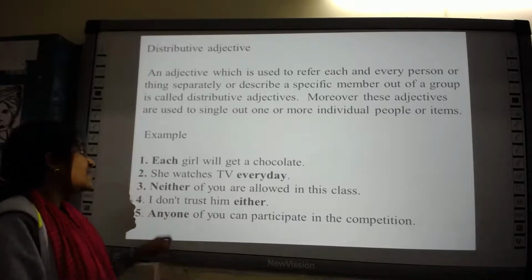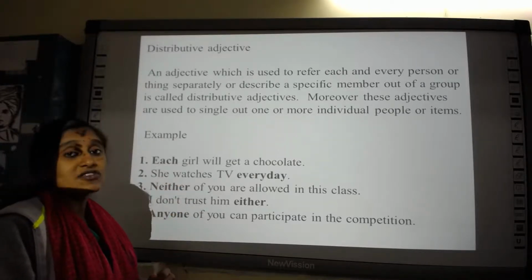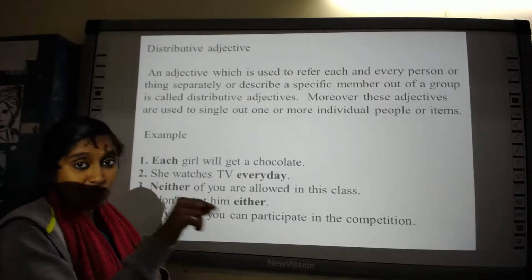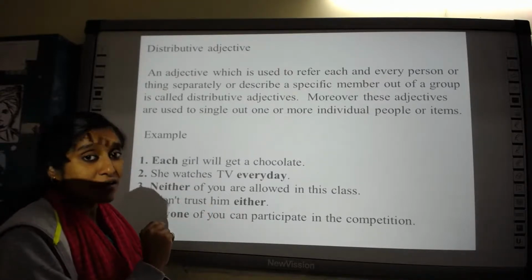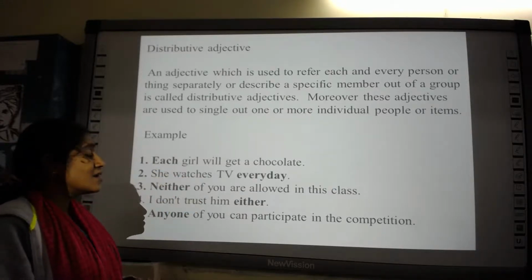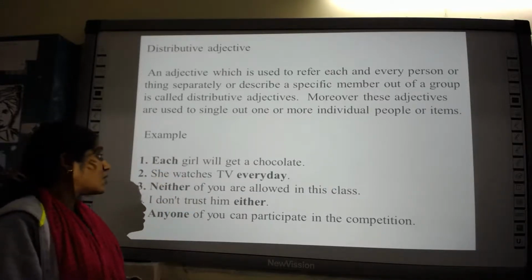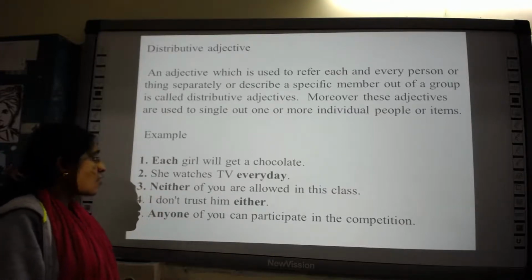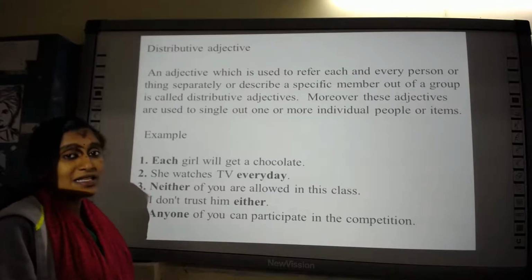For example, each girl will get a chocolate. There are boys as well as girls, so from that we are choosing specifically the girl. Each girl will get a chocolate. She watches TV every day. Neither of you is allowed in this class.